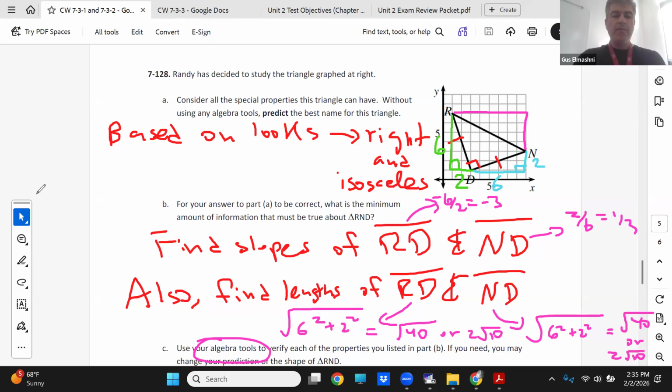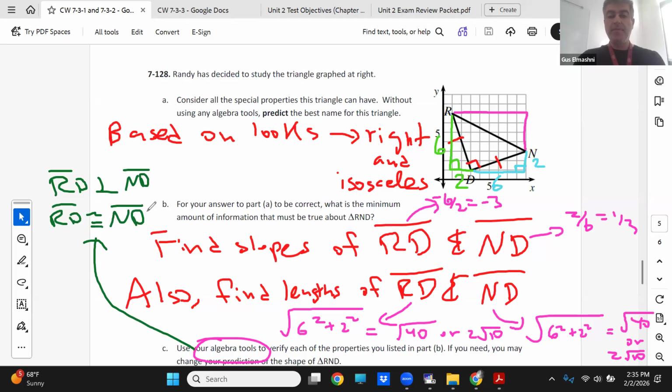So therefore, again, I'm not feeling like moving the screen. RD is perpendicular to ND, and RD is congruent to ND. So that's sufficient information to prove that we have a right isosceles triangle.